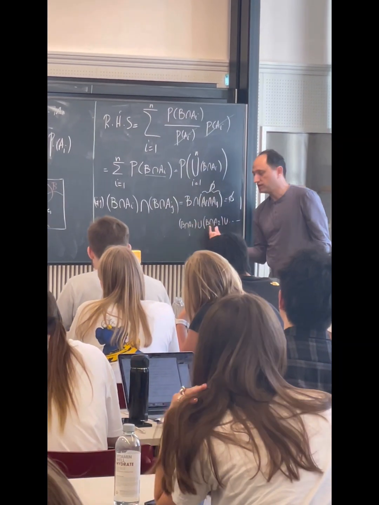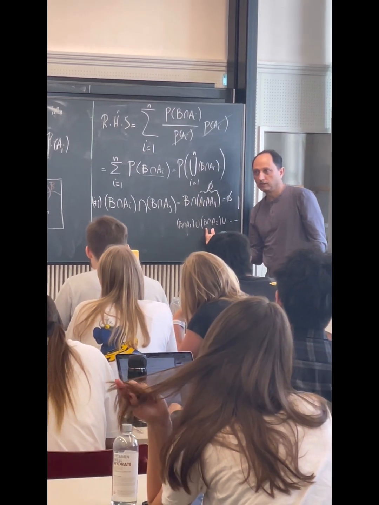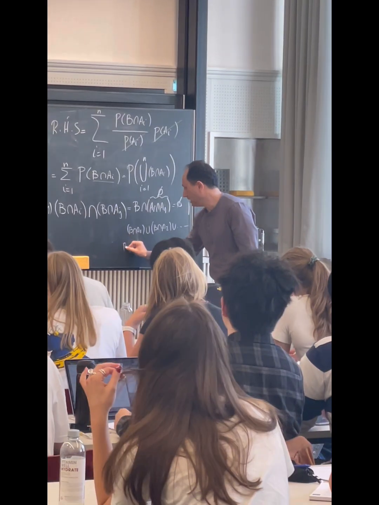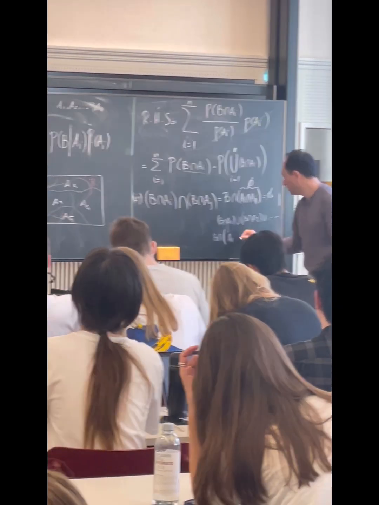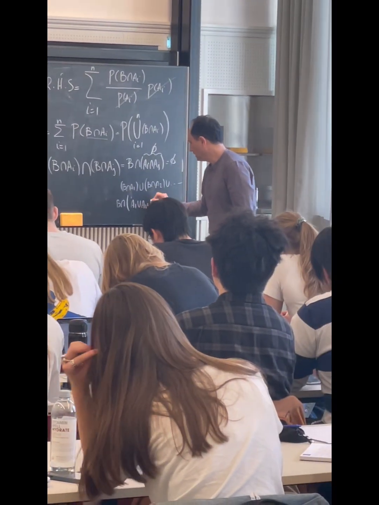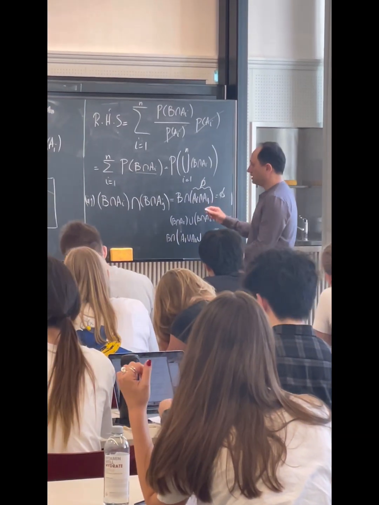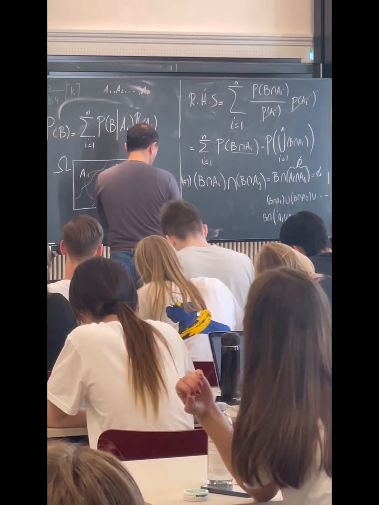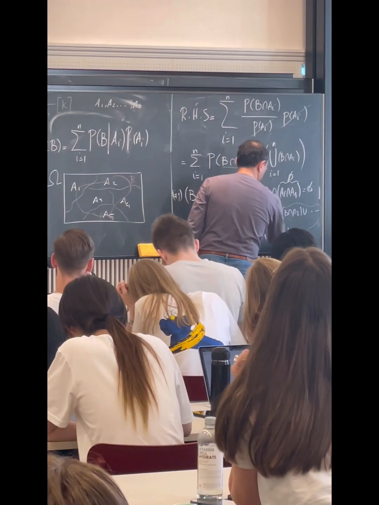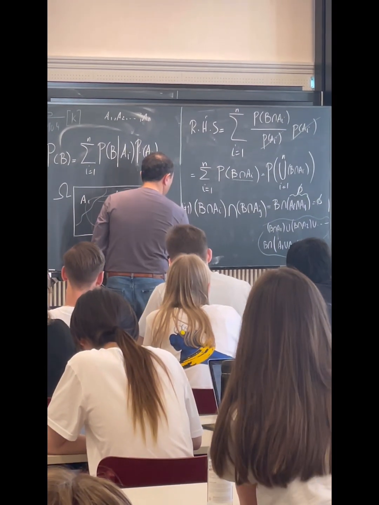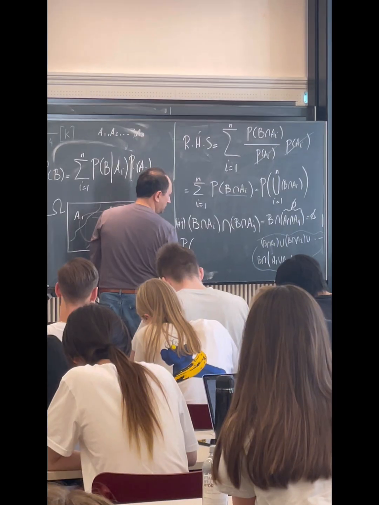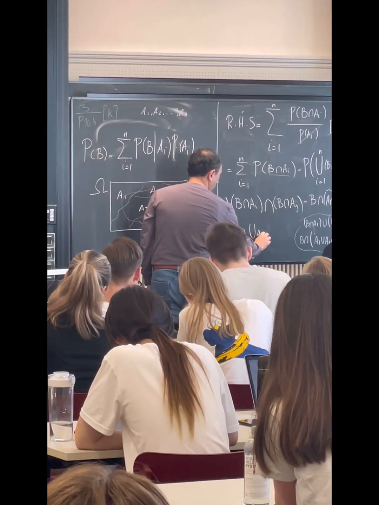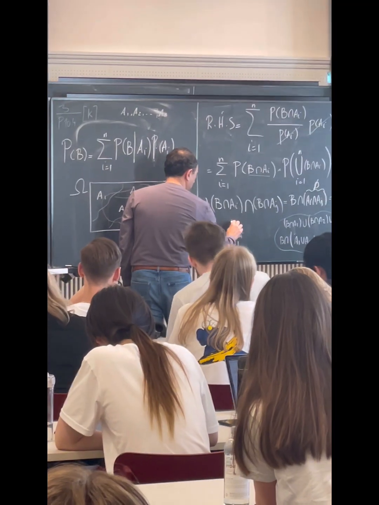You see, B intersection is in all of them. By distributivity, I can pull it out. So it becomes B ∩ (A1 ∪ A2 ∪ ...). Let me put this in the box. So this becomes P of B ∩ the union of Ai, with i going from 1 to n.